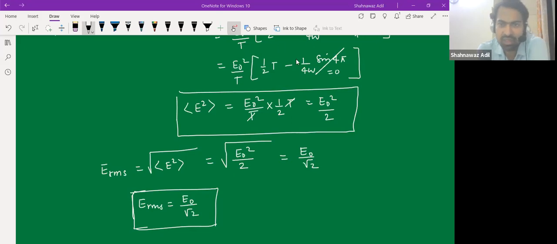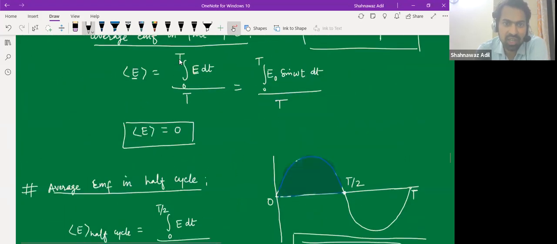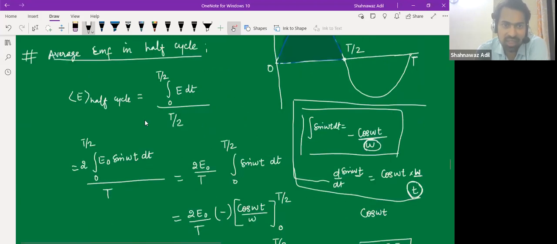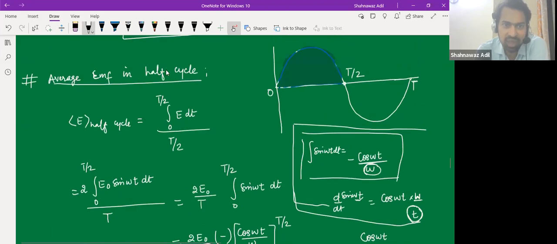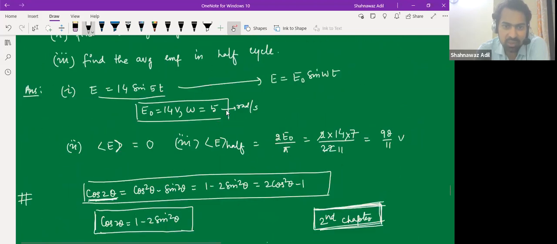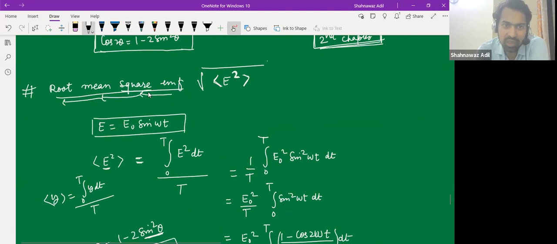In the previous class we calculated the average EMF in full cycle, and we calculated it to be zero. Oh, you overslept, so you got tired of something. Okay. So now in this class, we have calculated average EMF in half cycle, and now finally we calculated root mean square EMF, right?